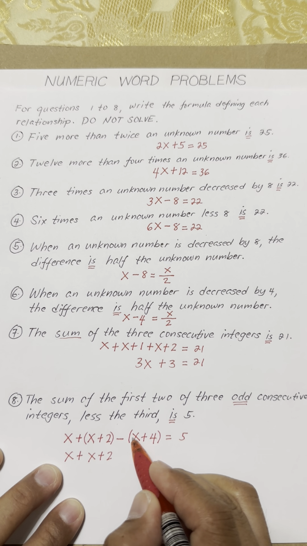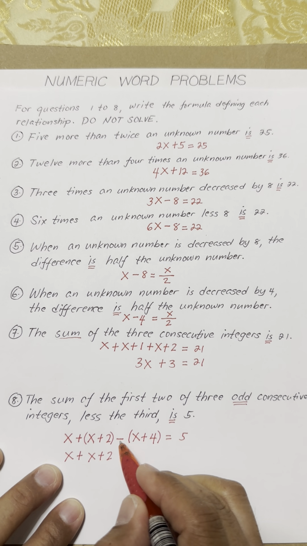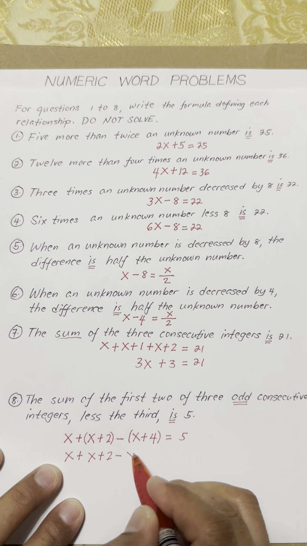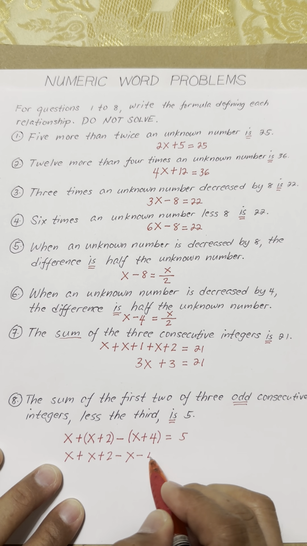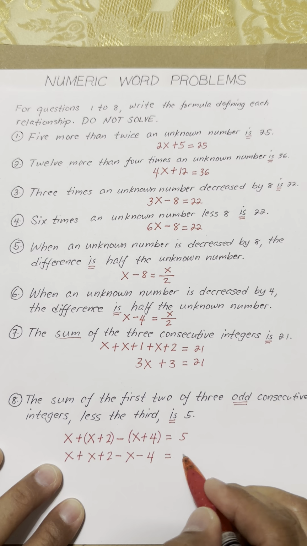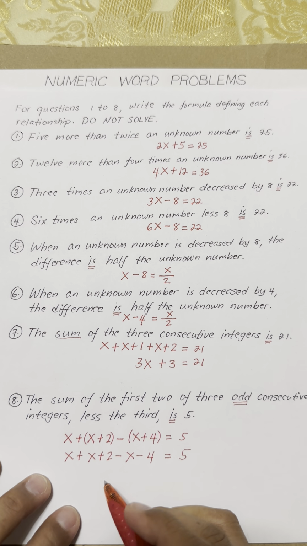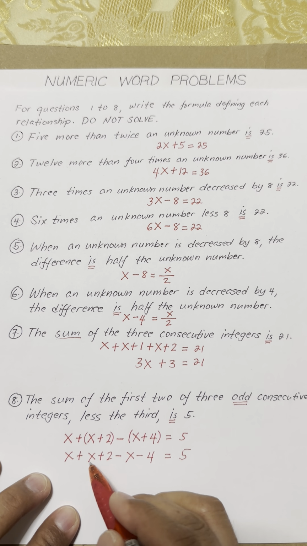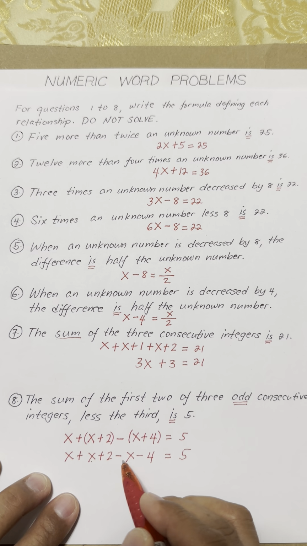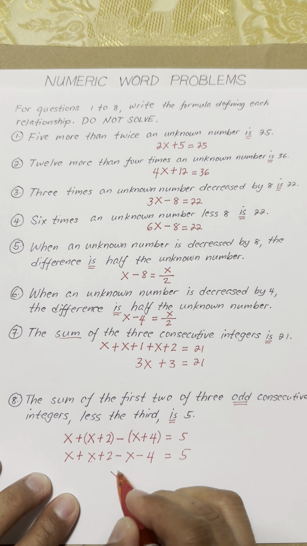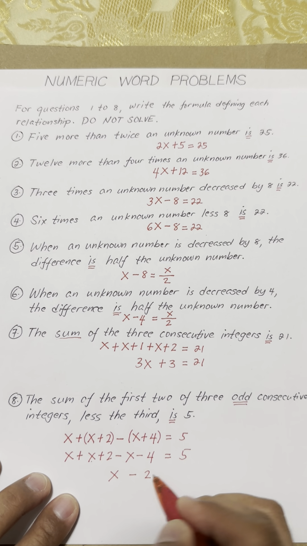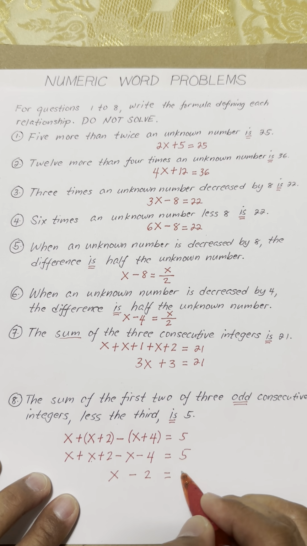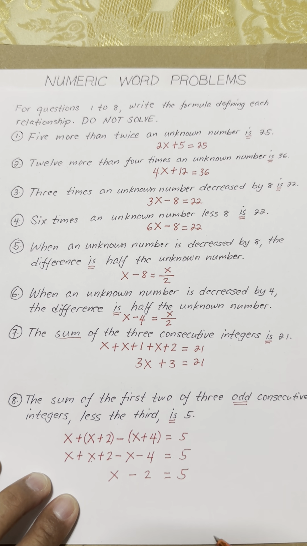So this is understood to be positive, preceded by negative, so that becomes minus x. This is positive, preceded by negative, so this becomes minus 4, equals 5. Okay, so combining similar terms, we have x plus x equal to 2x, minus x, so we have x. Then positive 2 minus 4, so minus 2, equal to 5. So this is our answer.